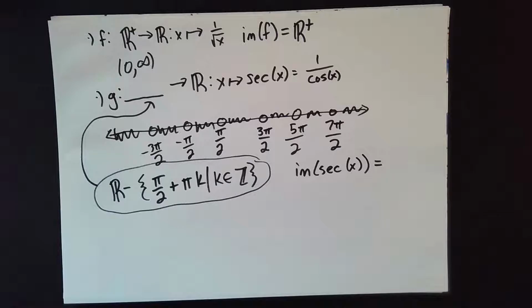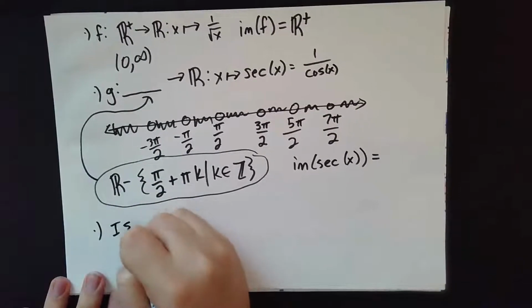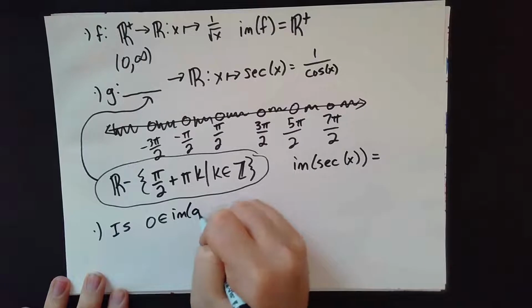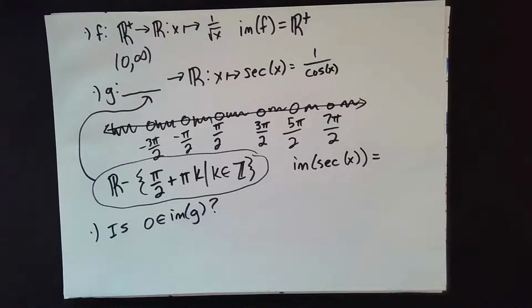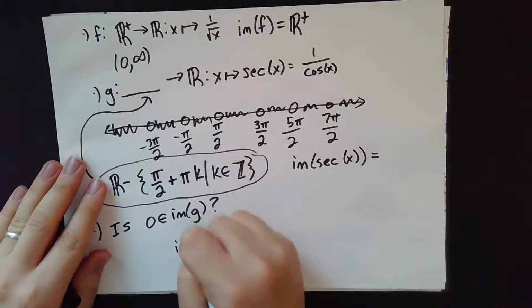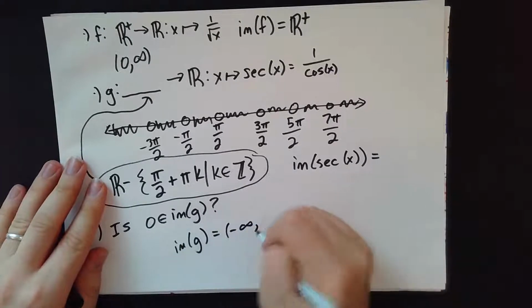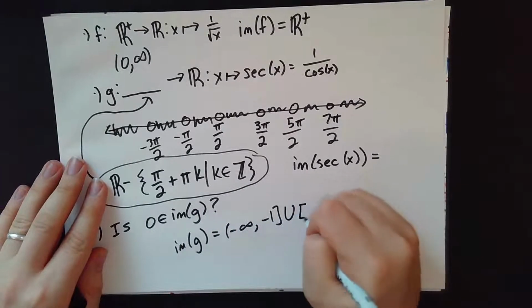I don't think it is all of R. Is 0 in the image? There we go. So the image here is actually minus infinity to minus 1 union 1 to infinity.